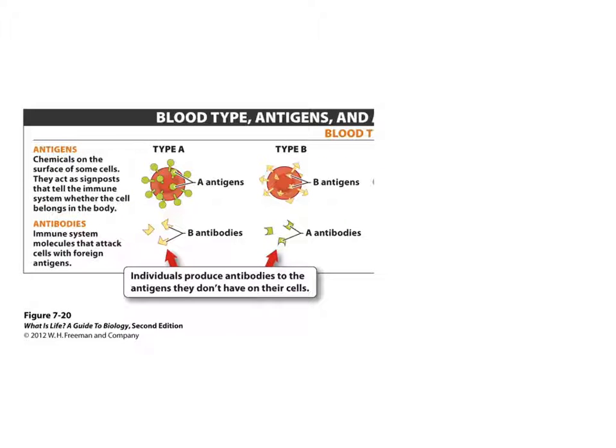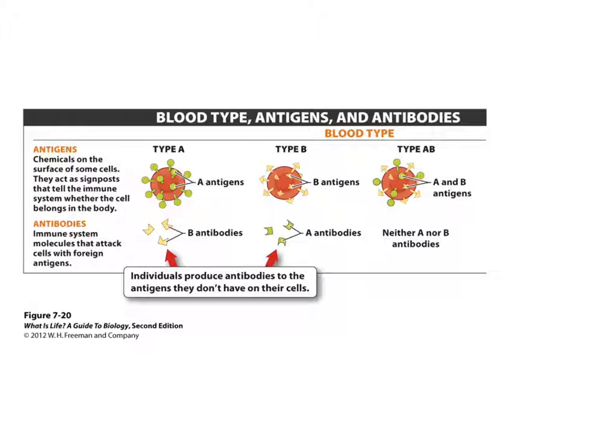If we look at a person who has type B blood, they make type B antigens on their red blood cells. Type B is their familiar or self signal. Because of that, they will make type A antibodies that will attack anything with antigen A on it. A person with type AB blood, remember A and B are codominant, so their blood cells will have both A and B antigens.